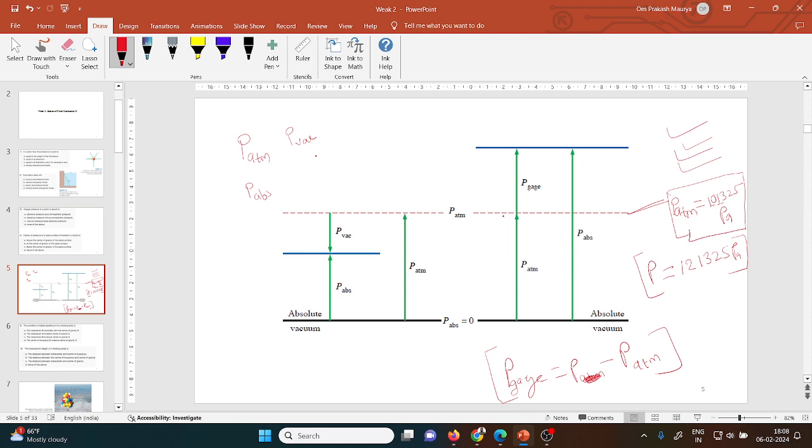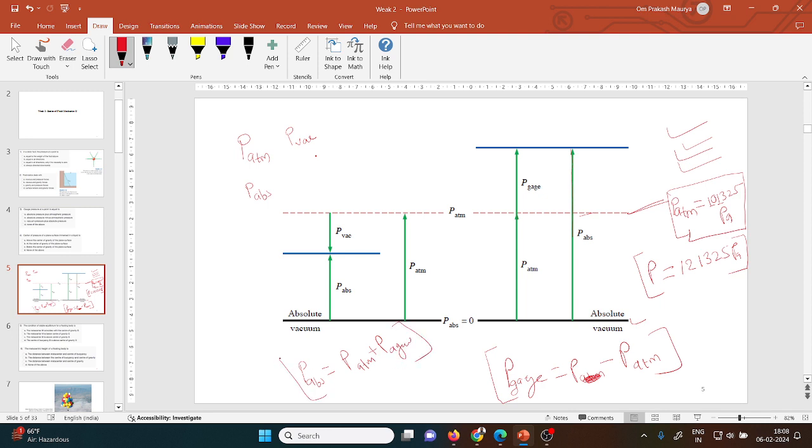If you want to write the equation from here, look at this arrow. P absolute, from absolute vacuum to atmosphere, is P atmospheric plus P gauge.